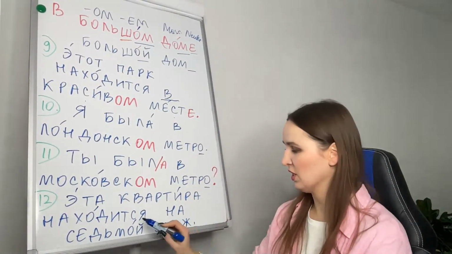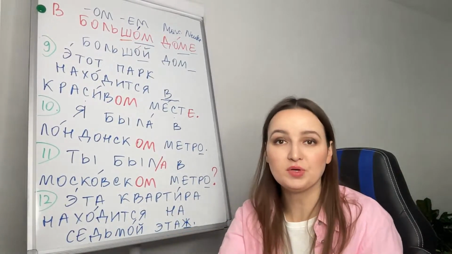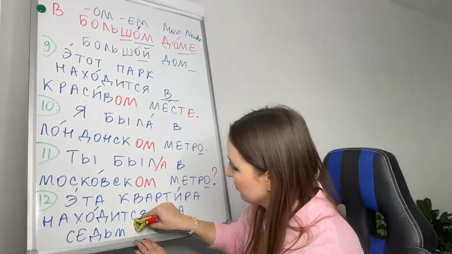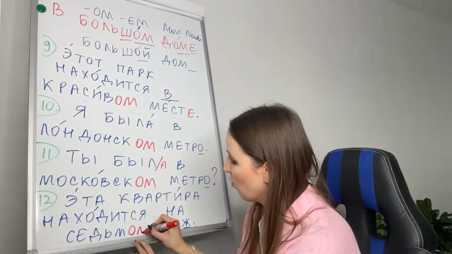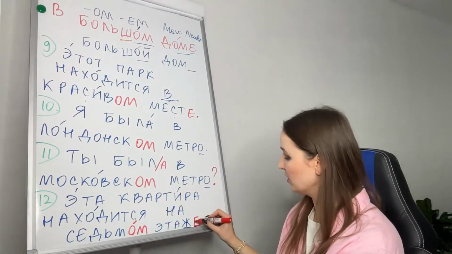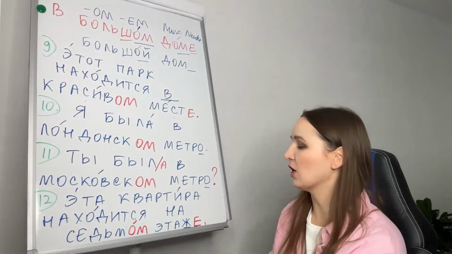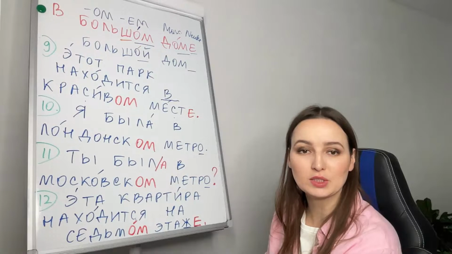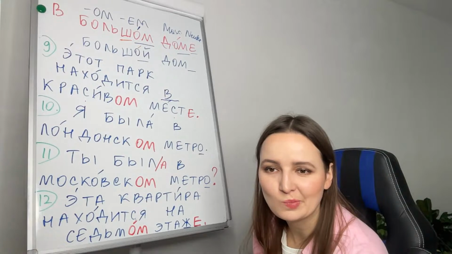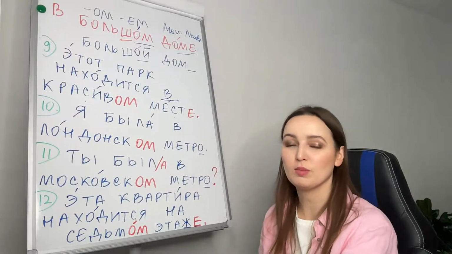Этаж is masculine and ends in a consonant. Ой here will be replaced with ом: седьмом. Этаж, it's masculine, just add «е» to make it prepositional. На 7-м этаже. Эта квартира находится на 7-м этаже. This apartment is located on the 7th floor. Да, очень хорошо.